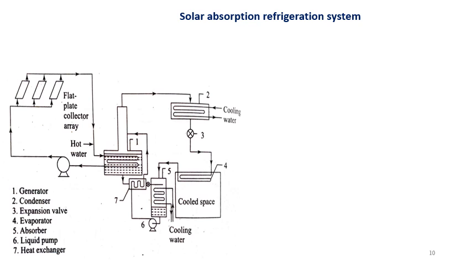So heat is supplied to a solution of refrigerant in absorbent in the generator, where the refrigerant is distilled out of the absorbent fluid. The refrigerant is now liquid and is condensed and goes through a pressure reducing valve to the evaporator, where it operates and cools air or water for the cooling space.